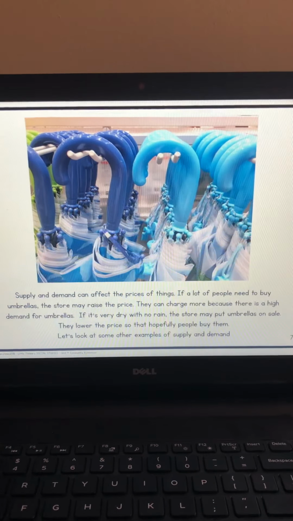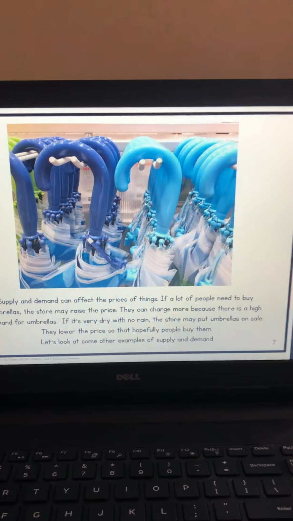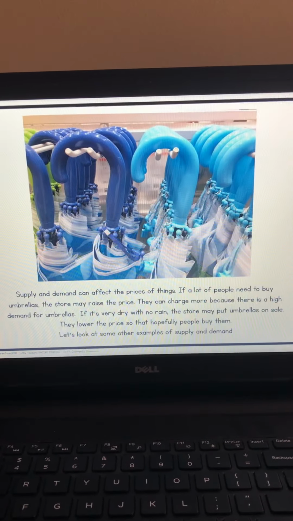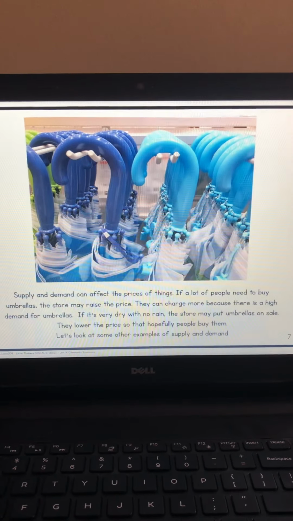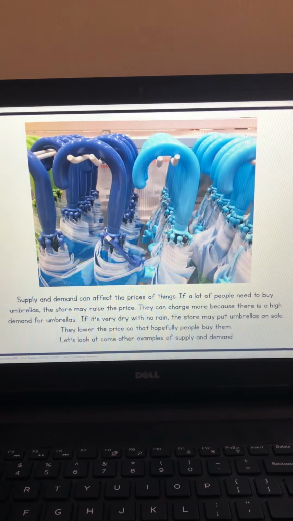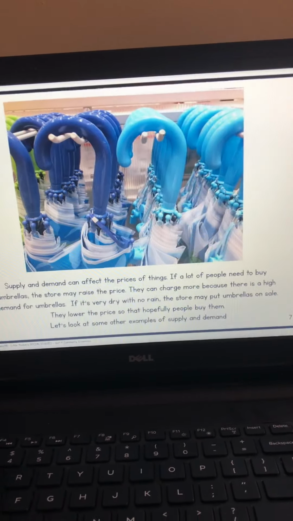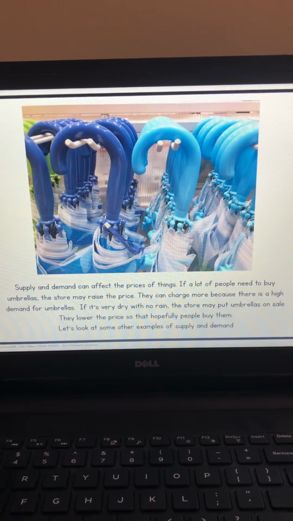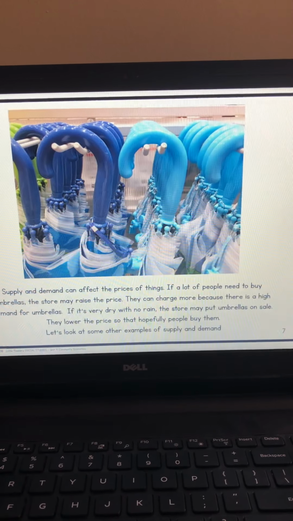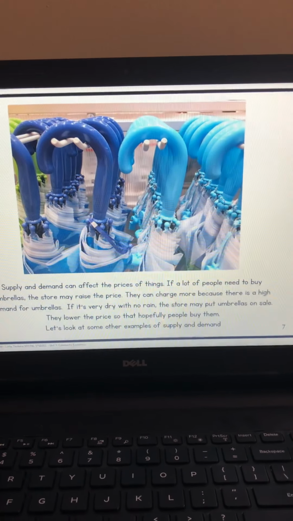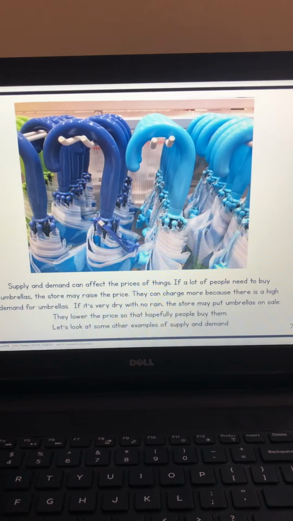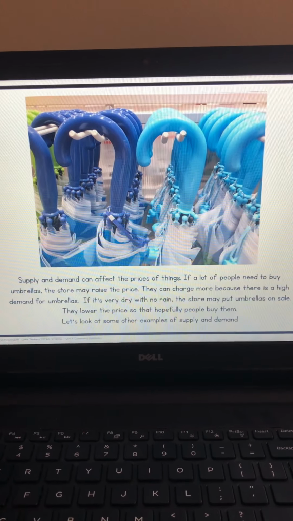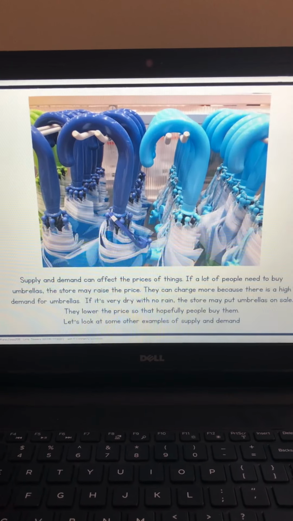But again, if you make the price too high, like say $1,000, no one's going to want to buy that apple. So that's kind of the challenge that stores have. They want to make their price low enough so that people want to buy it, but not too low, because if they make it too low, again, they're not really going to make a lot of money. So that's how supply and demand affects the price of things.